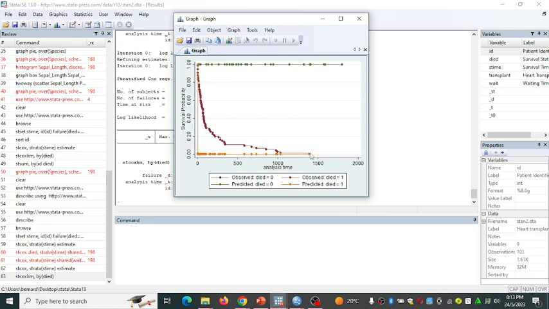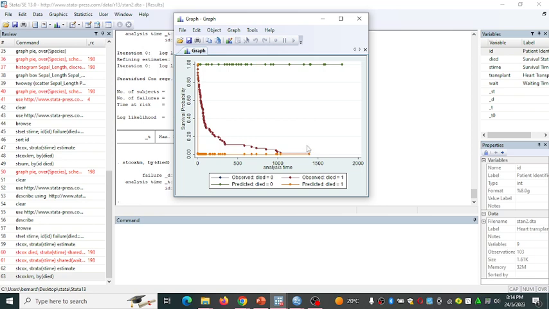So we expect someone, one of the patients, to die at this point. Because the Kaplan-Meier estimated the death at a very high confidence level, we expect that someone will go here, even though the death has not occurred.